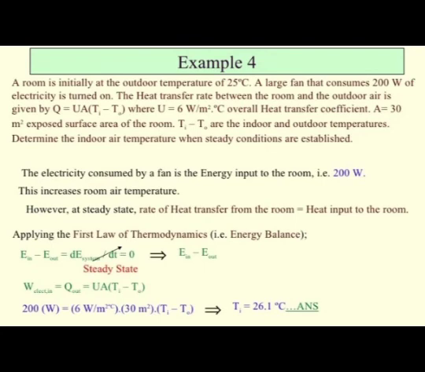So at steady state, W is equal to Q out equals UA times the quantity of T i minus T o. So 200 watts is equal to the quantity of 6 watts per meter squared degree Celsius times 30 square meters times T i minus T o. So T i is equal to 26.1 degrees Celsius. So transpose to T i, so that we come up with 26 degrees Celsius.